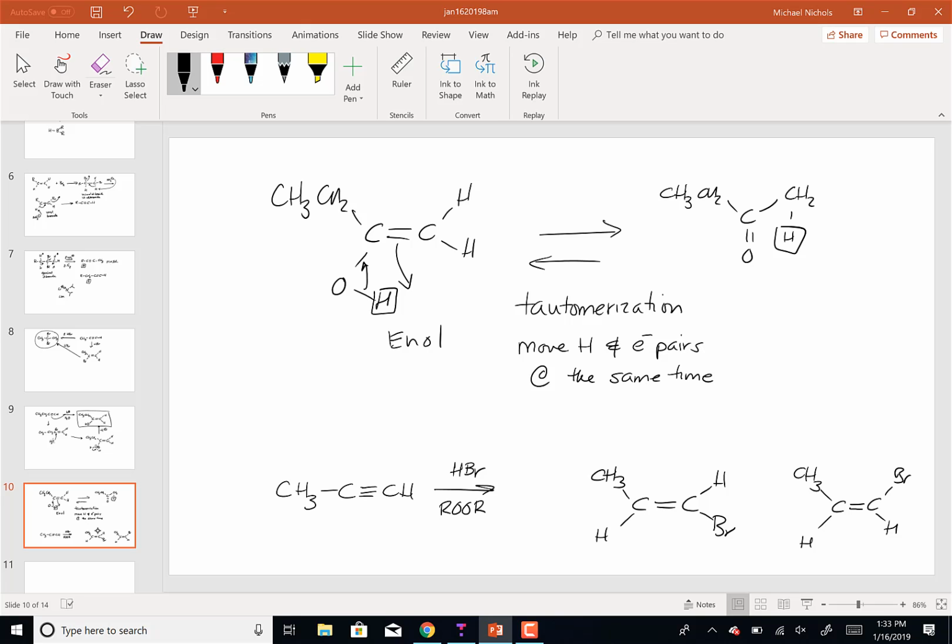However, of product A and B here, which one do you think is going to be the major product?